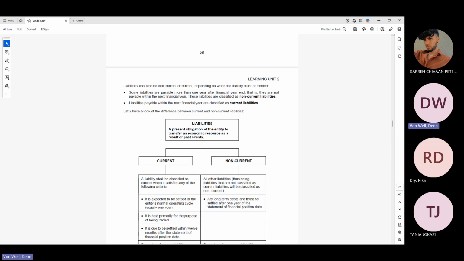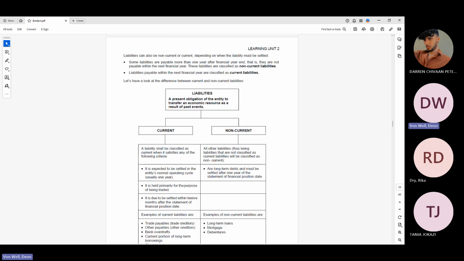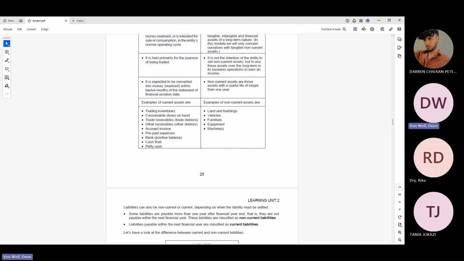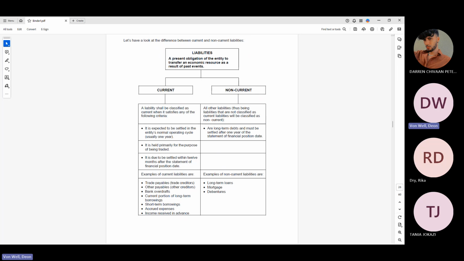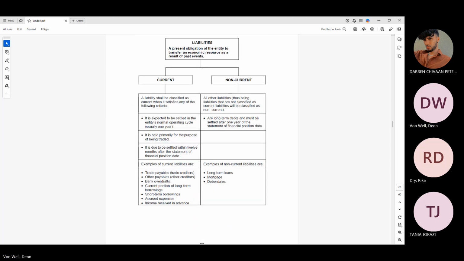Liabilities, the same here. Current liabilities, less than 12 months. Non-current liabilities, more than 12 months. Again, I've got examples. Trade payables, it's current. Other payables, it's current. Bank overdrafts, here you see. Here's my bank overdraft, here's my bank positive. Here's my bank basically negative or unfavorable. We talk about an unfavorable bank balance, or here it's a favorable bank balance or a positive balance.